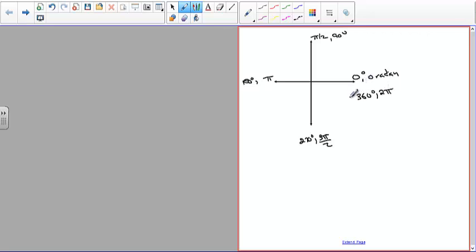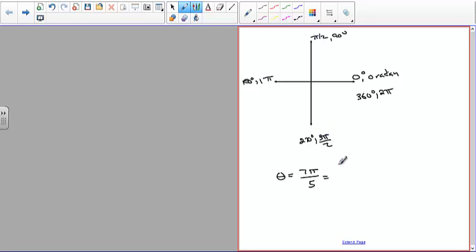So to figure out which quadrant something's in, all you have to figure out is where it is relative to these values. Let's say I give you an angle, theta is equal to 7 pi over 5. All you have to do is see where that fits in here. This is 1 pi, this is 0.5, this is 1.5.